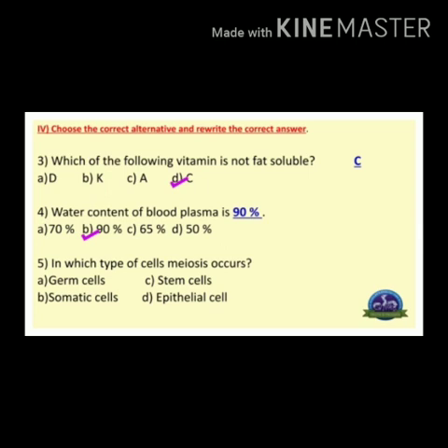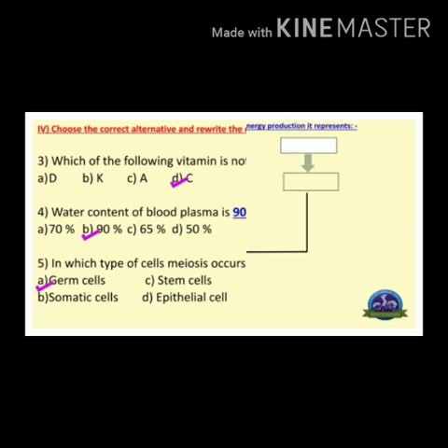In which type of cells meiosis occur? Option A, germ cells, B, somatic cells, C, stem cells, D, epithelial cells. Students, as we have studied, meiosis occurs only in germ cells. So answer is option A, germ cells. Write down germ cells.